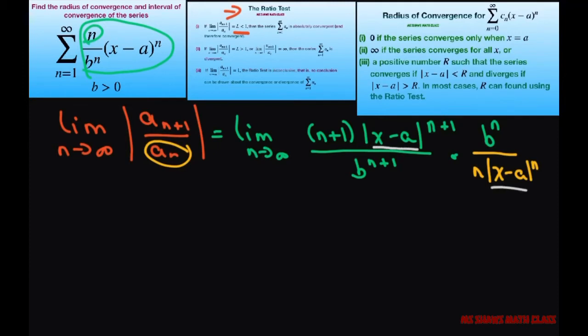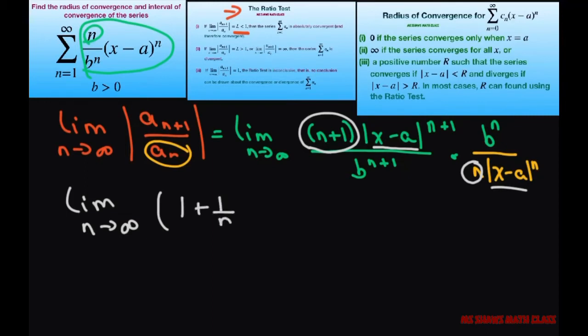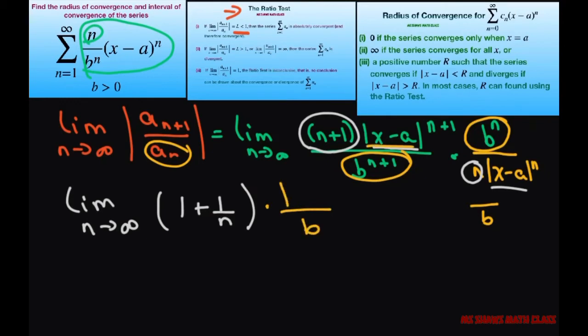All right, so let's straighten this all up. This is going to give me the limit as n approaches infinity, and we're going to have this piece here, n plus 1 divided by n. Simplifying that, if I divide each piece by n, I'm going to get 1 plus 1 divided by n. Now, for this part, I have b sub n divided by b to the n plus 1, so this is going to be b in the denominator, times the absolute value of x minus a.